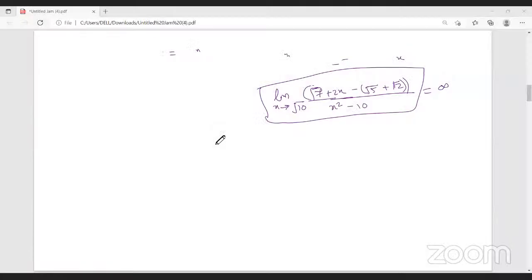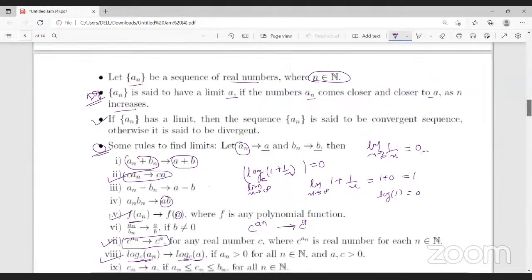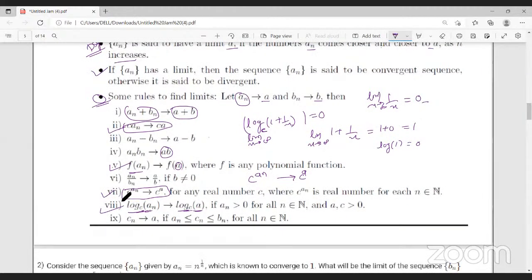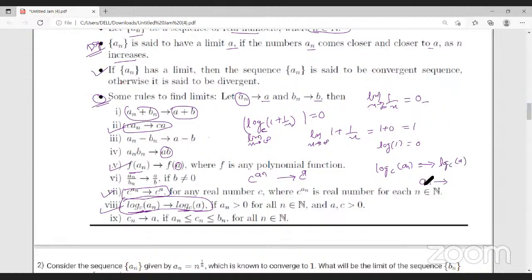Just 1 minute. I'm using this property number 8. So log of base c of a_n tends to log of base c of a, where a is the limit of this particular sequence a_n.